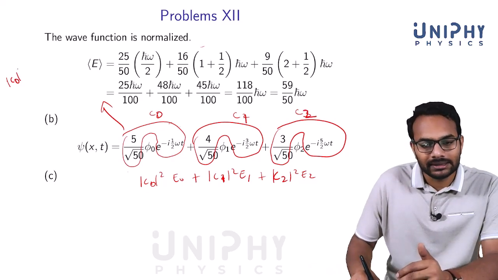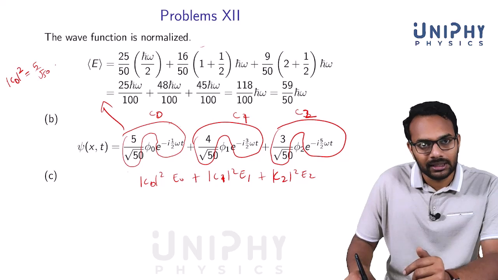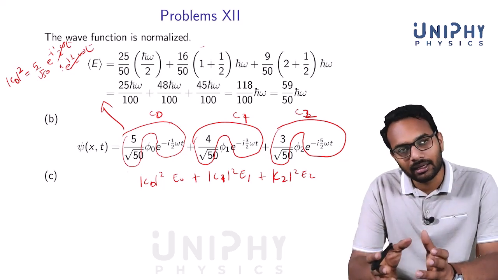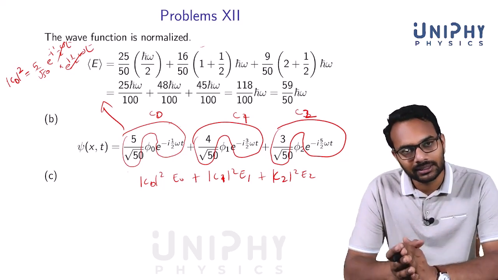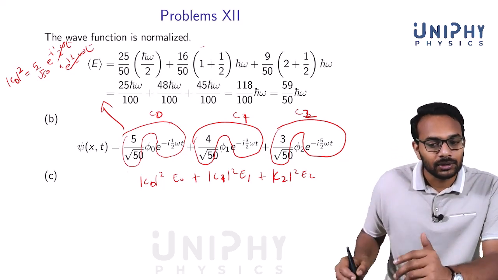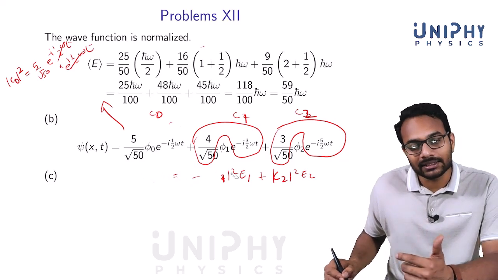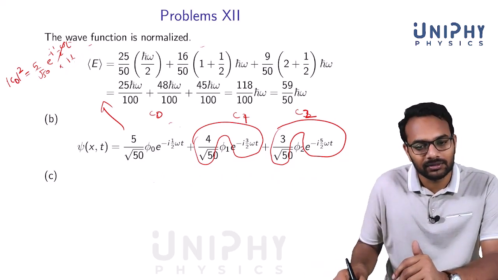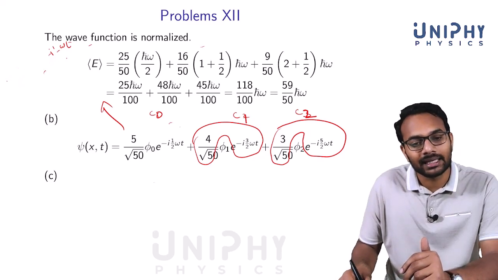Modulus C0 squared is 5 by square root of 50, and then e raised to minus i half omega t multiplied by e raised to i half omega t, and these terms will get cancelled because you are multiplying the number with its own complex conjugate. So you see that the expectation value of energy does not change after some time; it remains exactly the same.